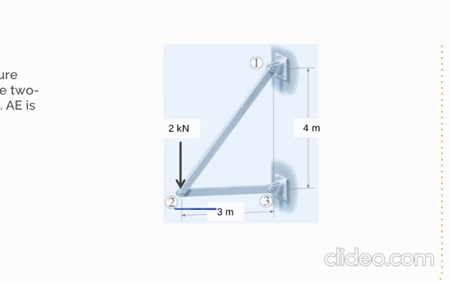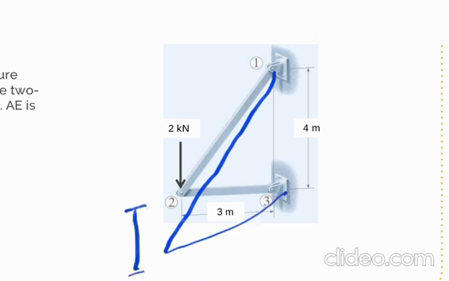When we apply the load on joint number 2, our truss will deform like this. So we have displacement in the Y direction and also in the X direction, and this displacement is unknown and we will find it.